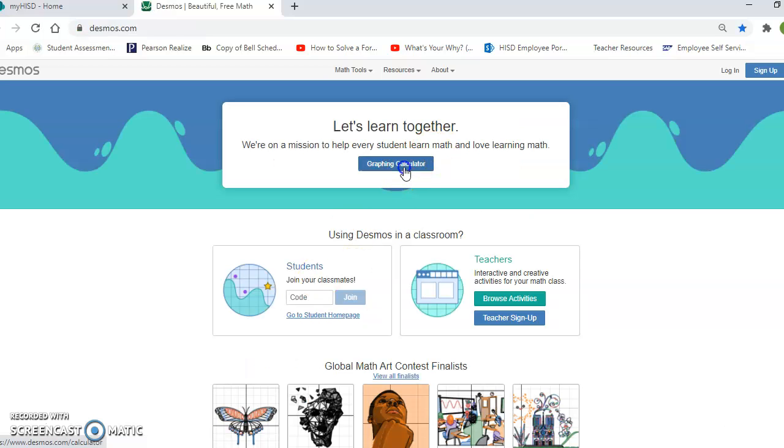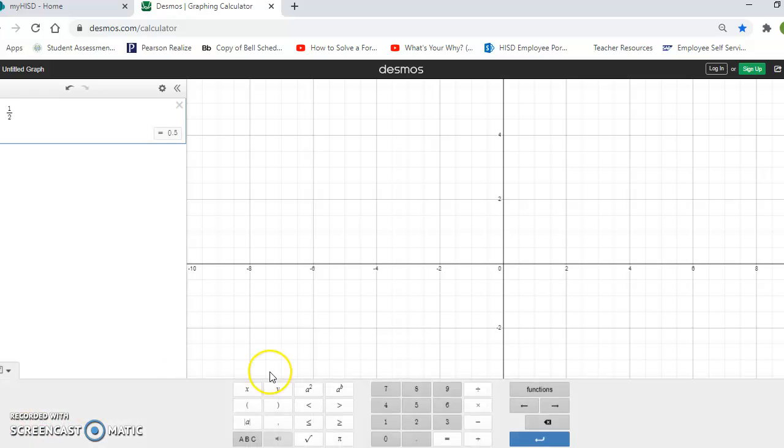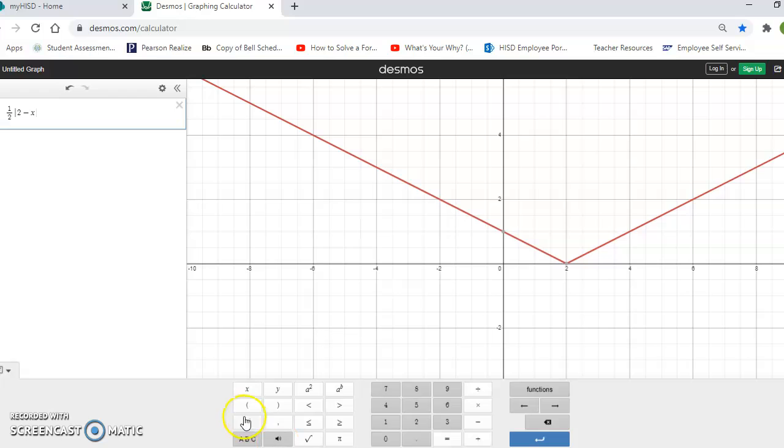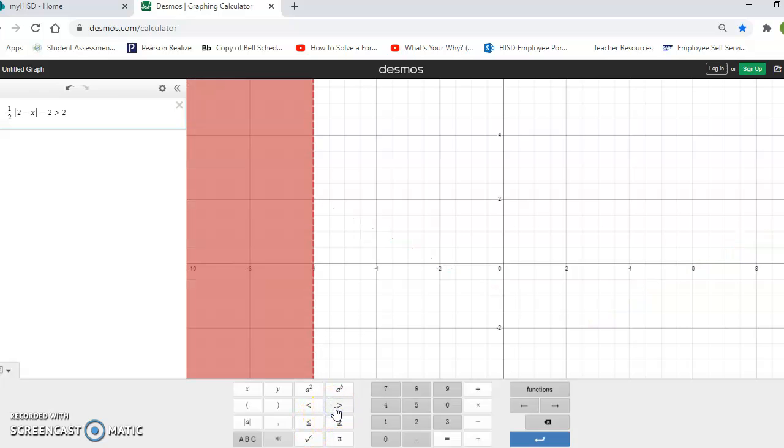Click on graphing calculator, and here I'm going to type in the inequality, which is half of the absolute value of 2 minus x, absolute value close, minus 2, is greater than 2.